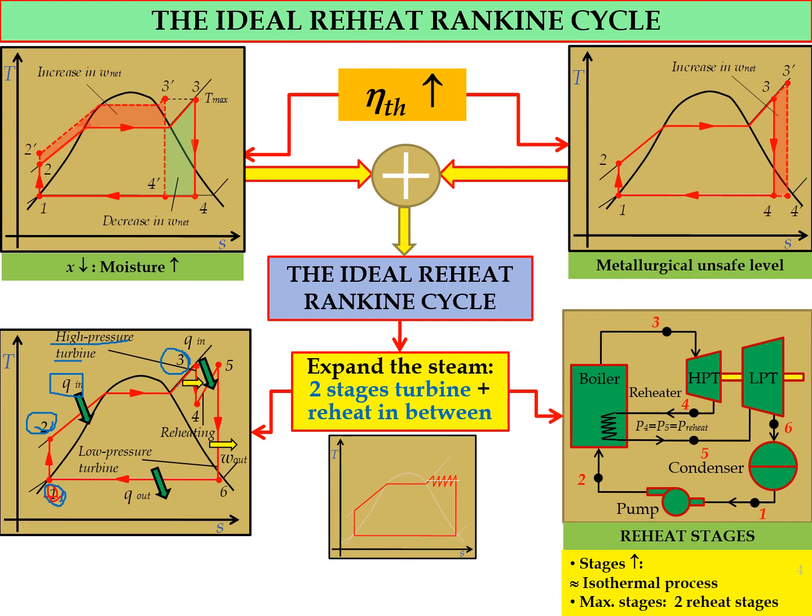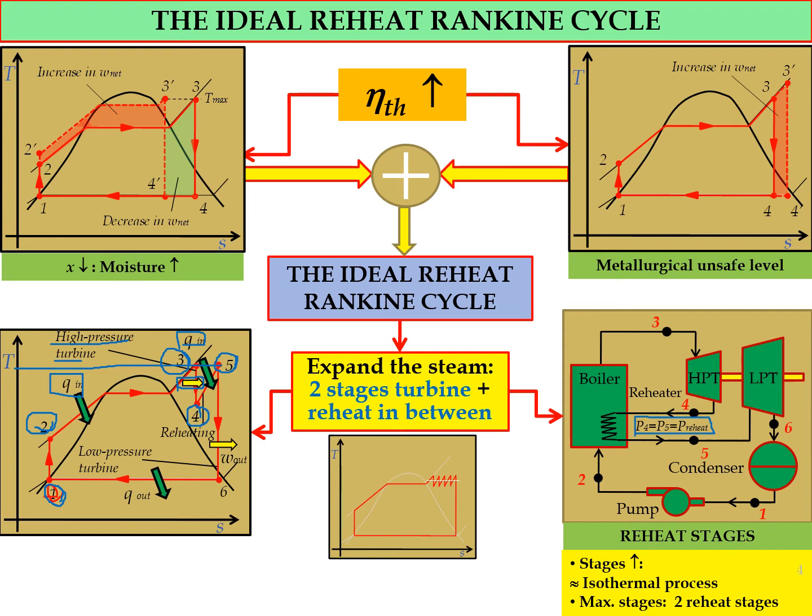The turbine produces work, and the outlet of the high pressure turbine is state 4. In state 4, the steam will be reheated by the boiler. Here we have a Q in, and it goes back into state 5. Normally we set the temperature at state 5 almost equal to the temperature of state 3, and the pressure of state 5 and state 4 is equal, which is the reheat pressure.